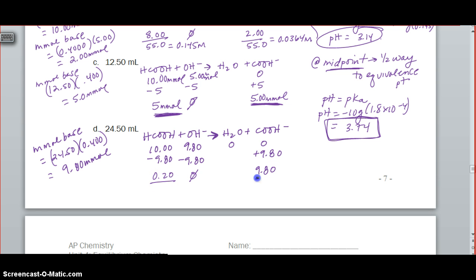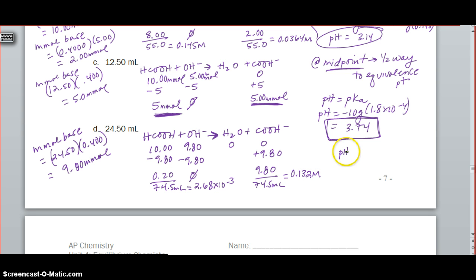I'm going to divide by the total volume. So 24.50 plus the original 50 milliliters, we divide by 74.5 milliliters. And so our concentration of acid is small, 2.68 times 10 to the negative third, and our concentration of conjugate base is 0.132 molar.